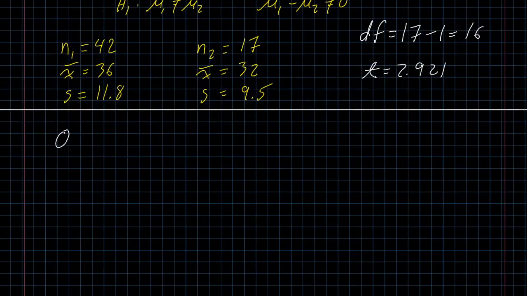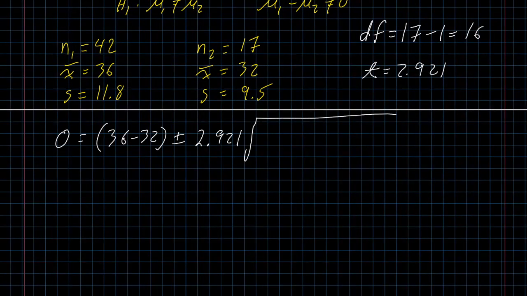We are testing to see if 0 is x bar 1 minus x bar 2, which is 36 minus 32, plus or minus our t-score, 2.921 times the square root of S1, 11.8 squared over N1, 42, plus S2, 9.5 squared over N2, 17.